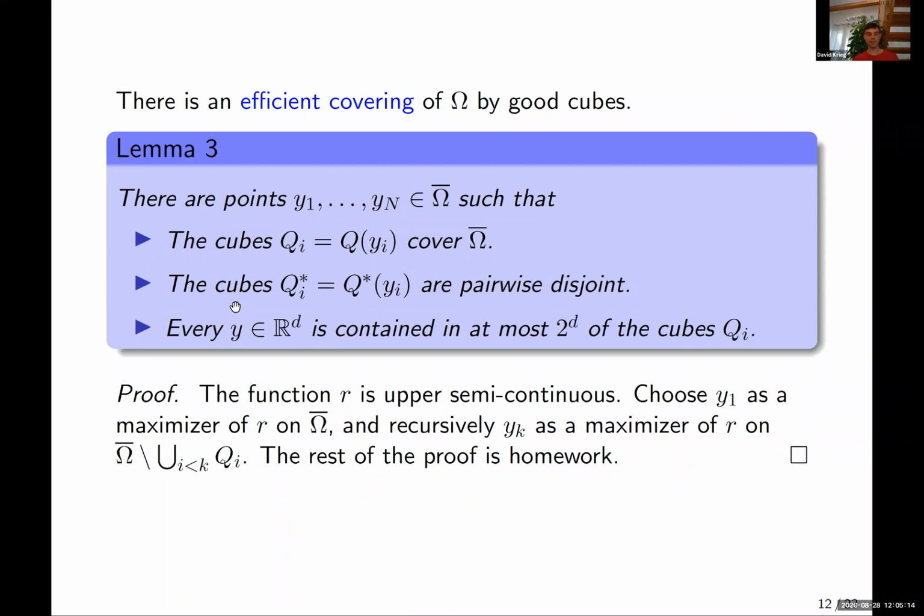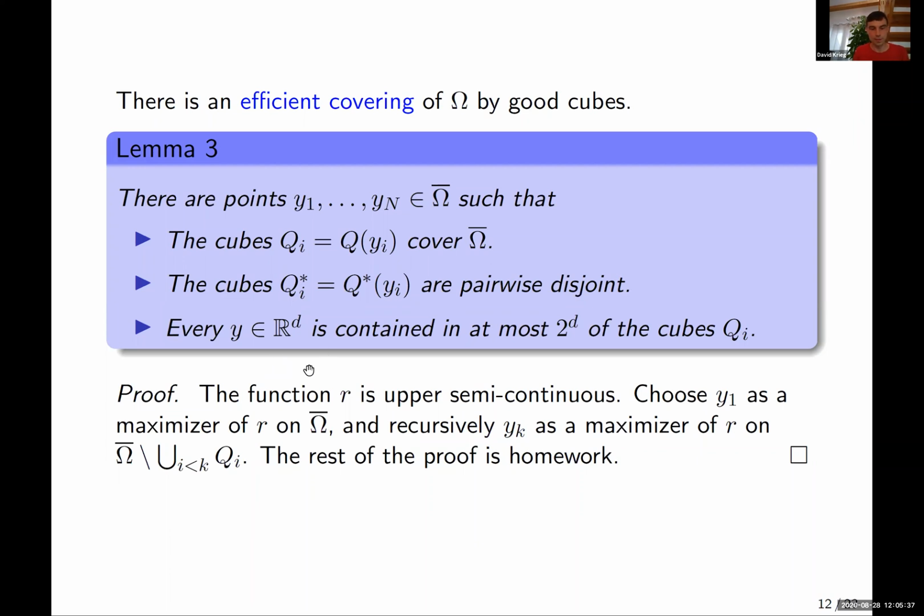And maybe this kind of lemma reminds you of Vitali's covering lemma. It's actually similar, but Vitali's covering lemma, at least the usual way it's written down, doesn't give you this. So we have to actually prove this.